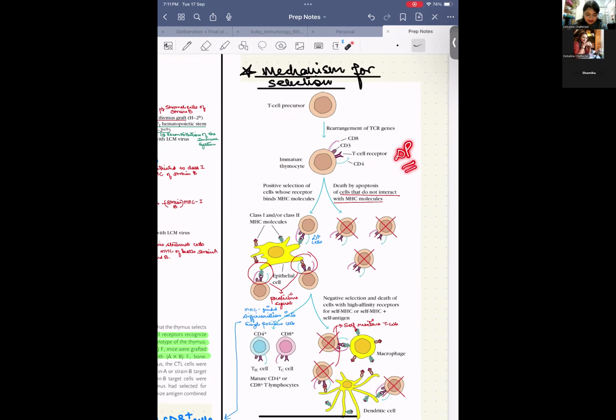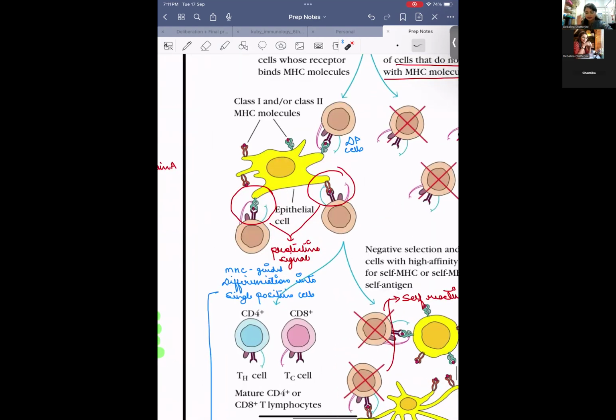Now this double positive cell first undergoes positive selection for cells whose receptors bind MHC molecule. So class 1 or class 2 MHC molecule that is presented to the double positive cells by the thymic epithelial cells, this recognition is going to give a protective signal.